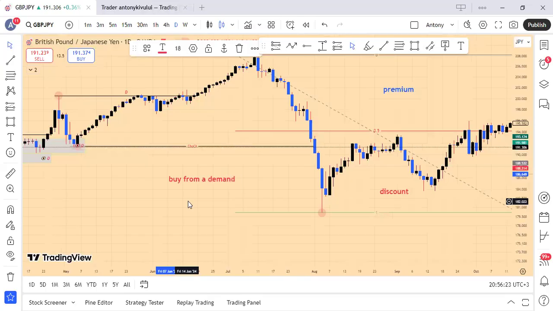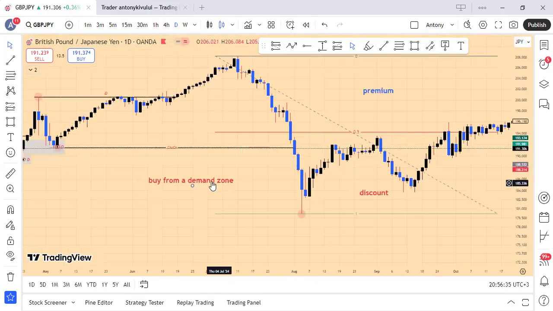Buy from a demand area. Another one, let me call it a demand zone. So that is the difference. We sell at supply, we buy at demand. So that is the summary.